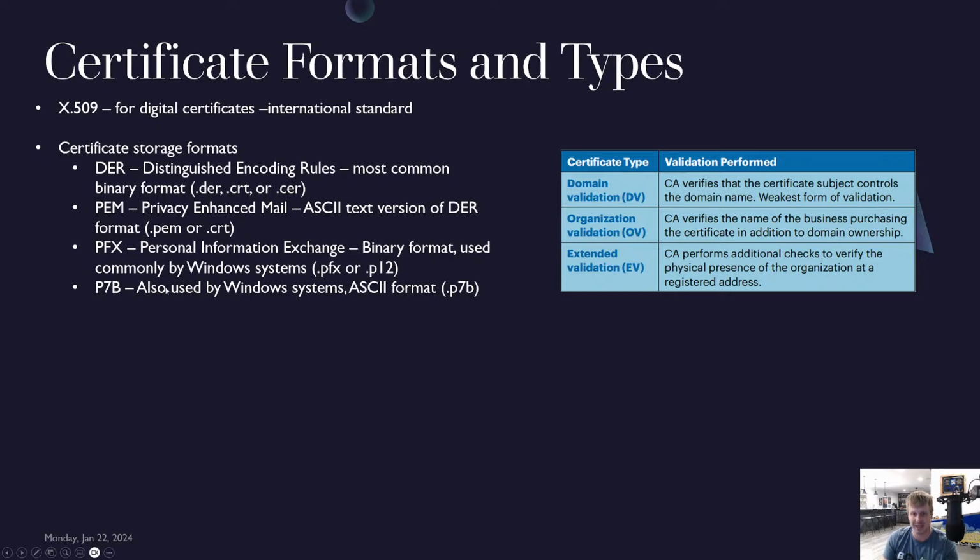And then P7B is also used by Windows, and that is ASCII format. So PFX is going to be .pfx or .p12, and then P7B is self-explanatory. It's .p7b.